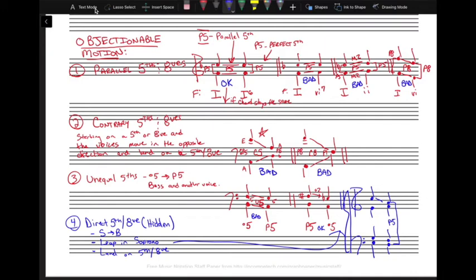This, and we'll change over to red, is bad. This is called, from here, so we label it as a D5.